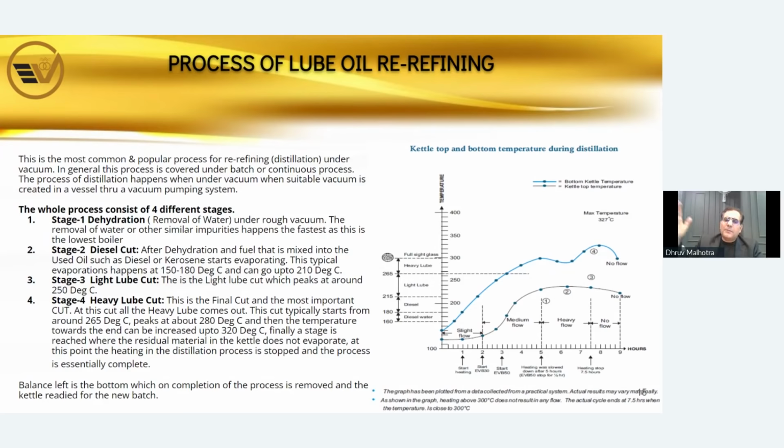Still, we took the temperature up to about 320 degrees to see what happens. We observed that after 280 degrees till about 320 degrees, even though we increased the temperature, and because the vacuum level was so high, we had already extracted maximum heavy lube from the system, and beyond 280 to 320 degrees we saw that there was no flow coming out.